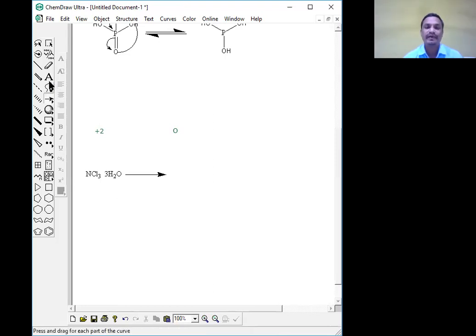Hydrolysis of NCl3 gives NH4OH plus HOCl plus HOCl plus HOCl. Now, in this reaction, there is actually a formation of hypochlorous acid, but in our statement it is given as not formed. Therefore, the statement is incorrect.